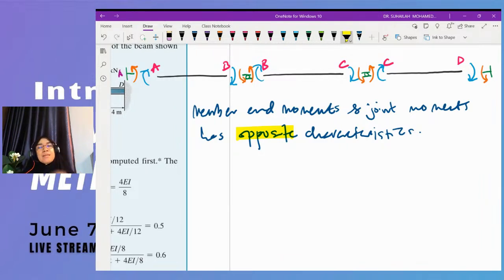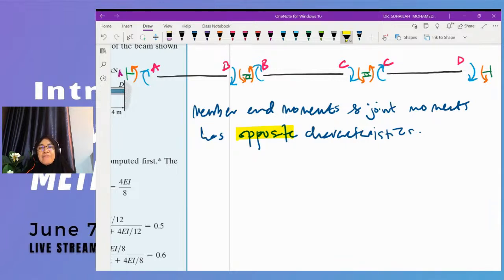If an external moment is subjected directly at the joint, that is already a joint moment, so we multiply by the factor directly.